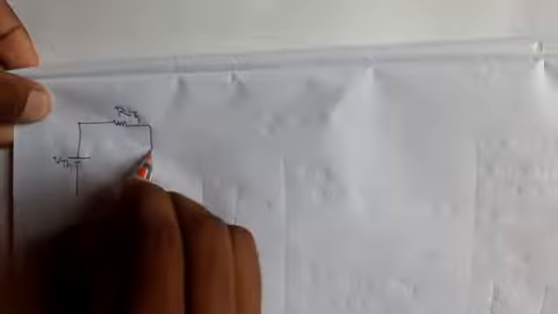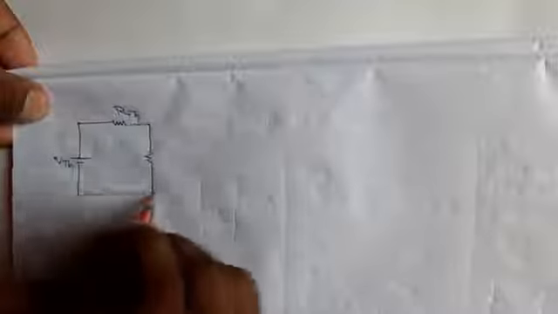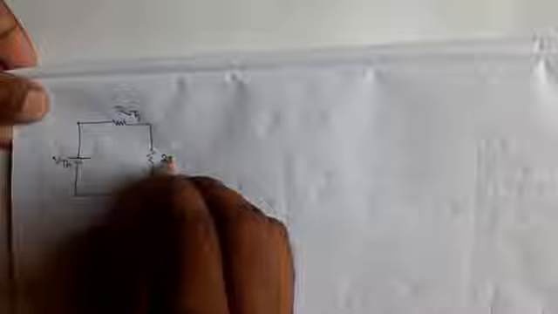In Thevenin's equivalent circuit, the Thevenin's voltage is in series with Thevenin's equivalent resistor and the load. This is RTH, this is VTH, and this is the load, that means the 20 ohm.